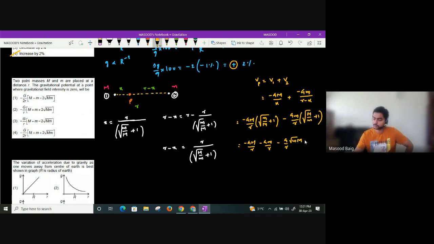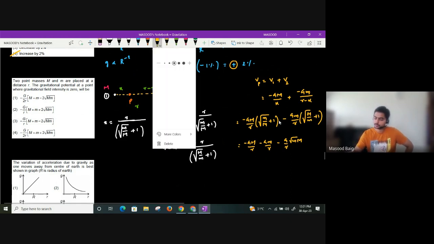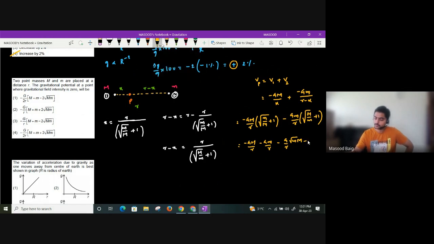And from here also I'm going to get minus G by r, M by root m will be root small m again. So I can write root small m into capital M. So what will this turn out to be?